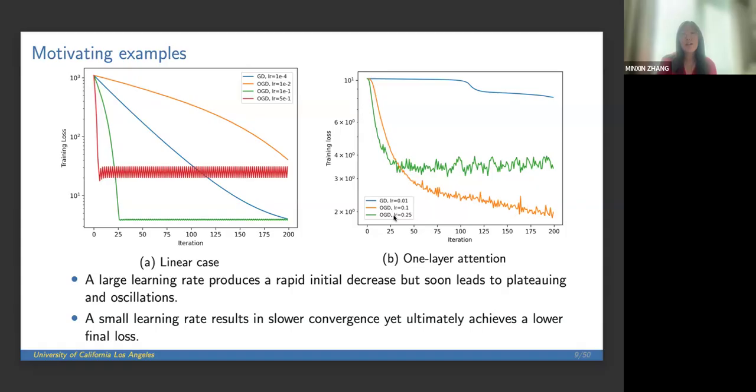Whereas with a larger learning rate, like this green curve, it drops more rapidly initially, but ends up plateauing. So based on these two observations, we conclude that proposing not a constant rate but an adaptive learning rate schedule, informed especially by past gradient information, has the potential to further improve the efficiency of the current Muon optimizer.